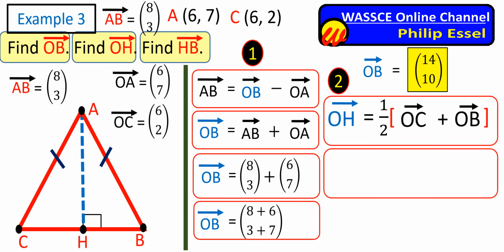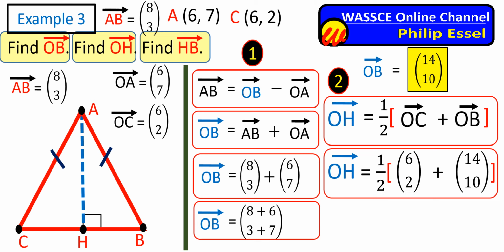So let's quickly do this. Our position vector OH will be equal to half of bracket, then the position vector OC, which is 6, 2, plus the position vector OB, which is 14, 10, bracket closed.